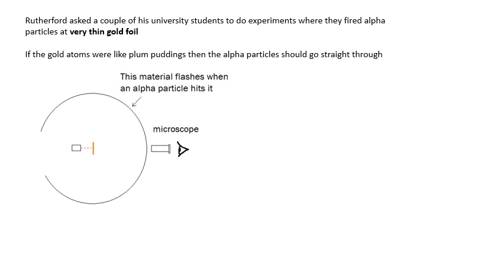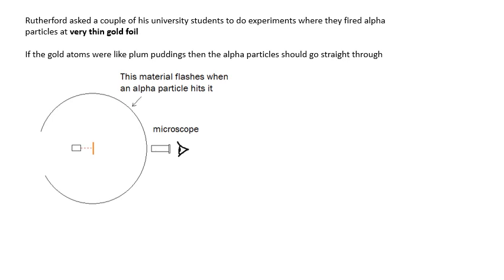What you would expect is that the alpha particles would just go straight through. Because if the gold atoms are like plum puddings, and you fire a machine gun at a load of plum puddings, there's going to be plum pudding everywhere, but the bullets are just going to go straight through. I'm not suggesting you try this, but if you did, that's what would happen.